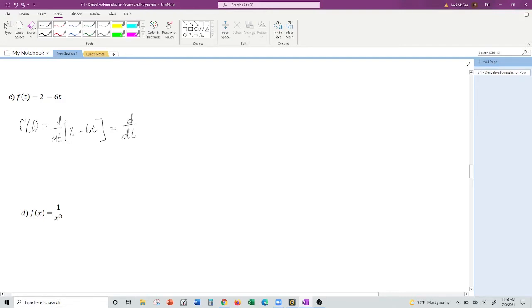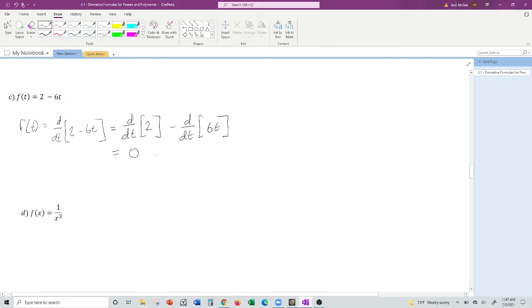So we have the derivative with respect to t of 2 minus the derivative with respect to t of 6t. Okay? Well, our first term, 2 is just a constant, so the derivative of a constant is 0.